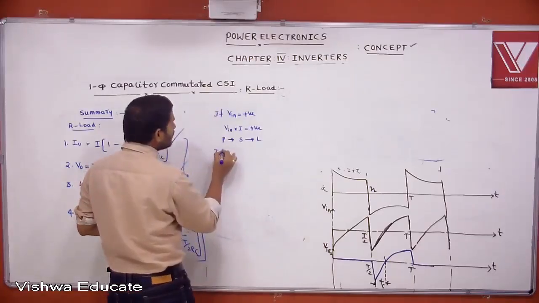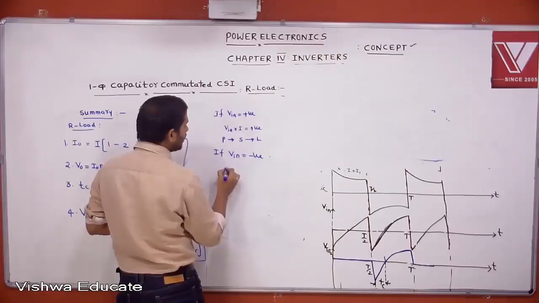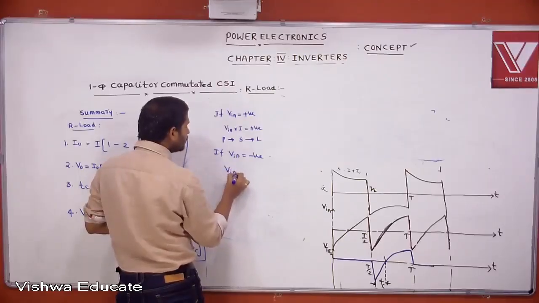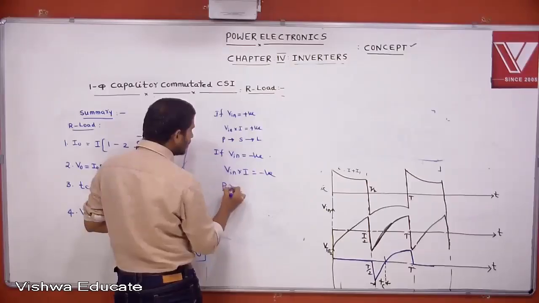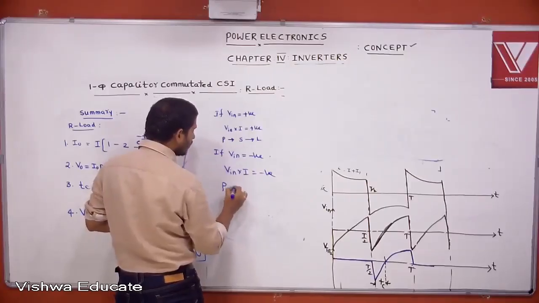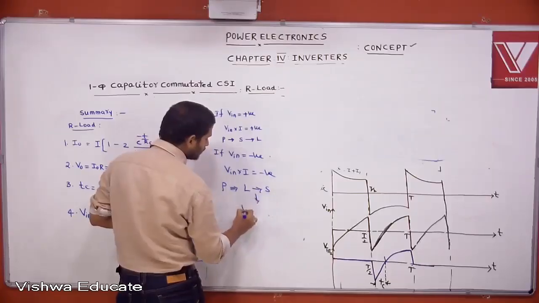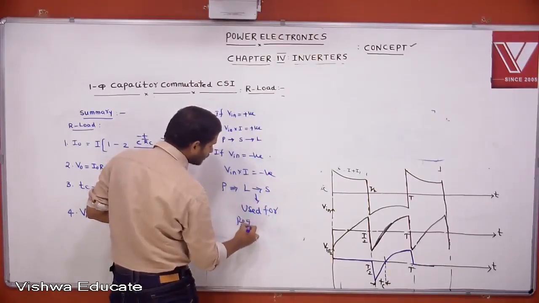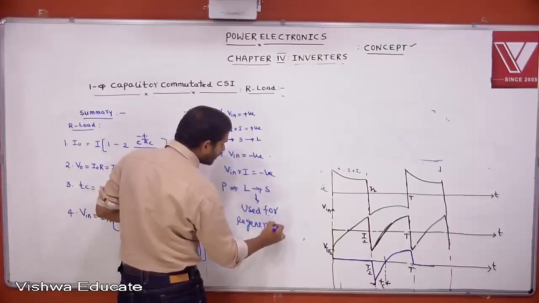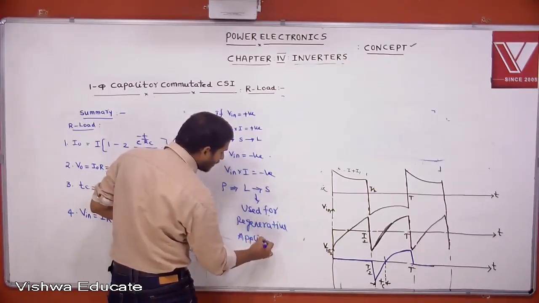If the average Vin is negative, then Vin into current is negative, so power is delivered from load to source. This is used for regenerative application. Like this, we can calculate the average input voltage.